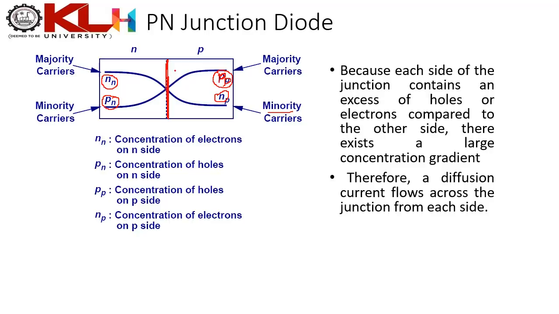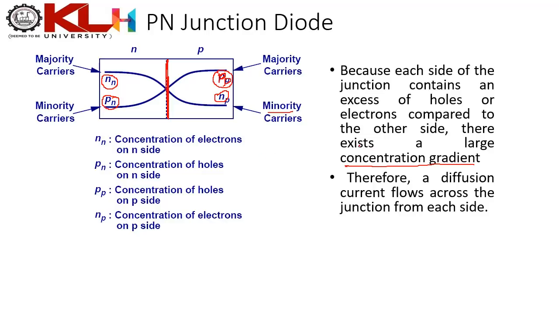The holes in the p-type region see a huge sea of electrons over here, and the electrons in this n-type region see a huge sea of holes over here. So both the electrons and holes from p-type and n-type see a large concentration gradient.